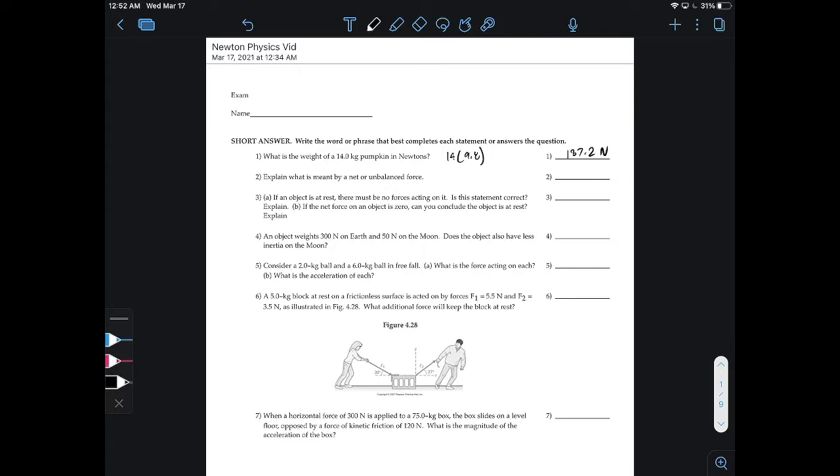Now, what is meant by a net or unbalanced force? I'm not going to write this one, but if we have a net force, or an unbalanced force, essentially maybe we have a vector going this way and a smaller vector going this way. The net force is going to be this way in the direction of the bigger vector because you just do some subtraction.